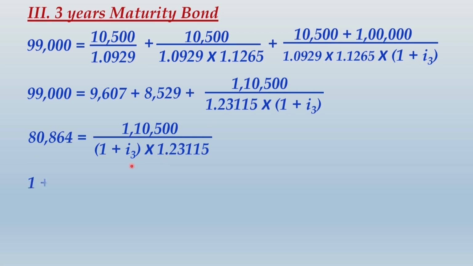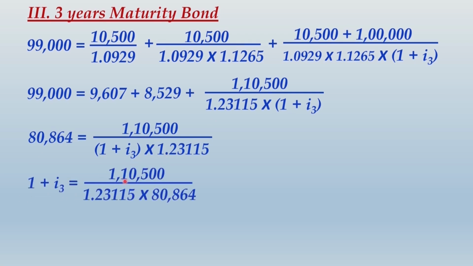Now, by cross multiplying, you would take 1 plus I3 equals to 1,10,500 divided by this 1.23115 as it is, and 80,864 gets multiplied to this 1.23115. Finally, when you solve it, you get 1 plus I3 as 1.1099, and I3 will be 0.1099 or 10.99%. Let us move ahead and take up the next question, that will be question number 12.